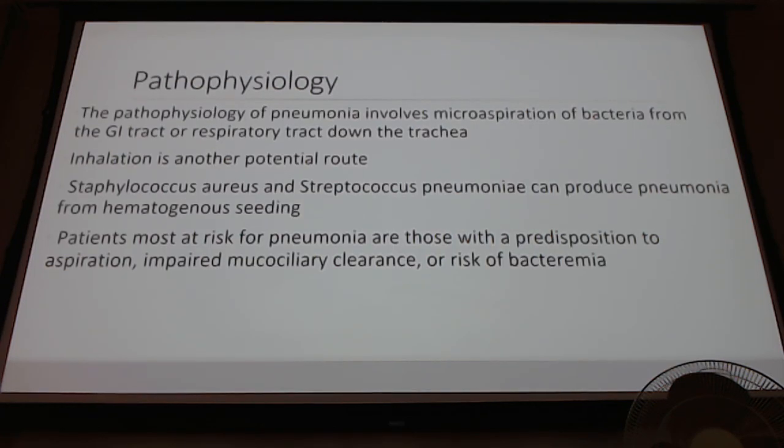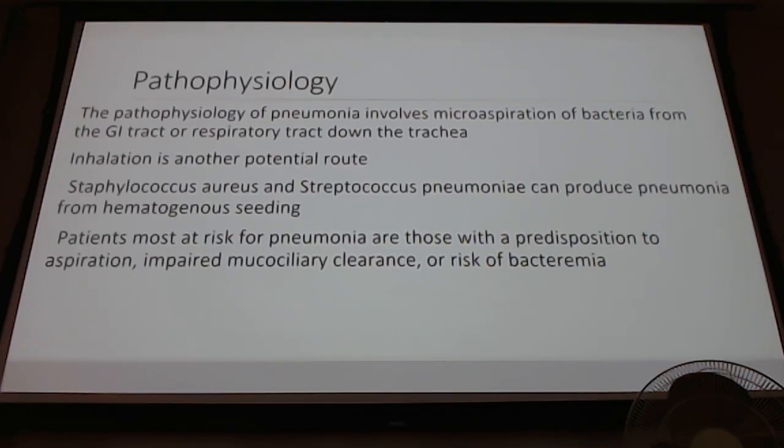But let's talk about some pathophys for pneumonia. So you have some sort of microaspiration, bacteria gets into those lungs. It can be from the GI tract, it can be from the respiratory tract down the trachea, it can be from inhalation or contagion from somewhere else. Most commonly, it's going to be strep pneumo. You can also get hematogenous spreading with staph and strep, so that's a consideration as well.